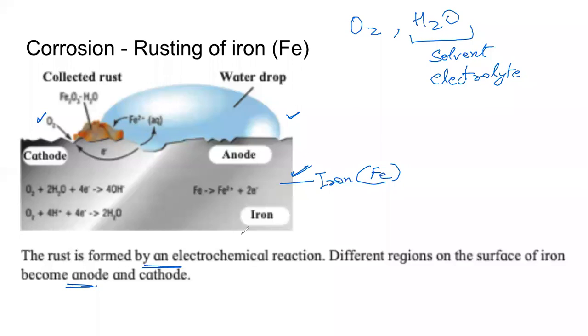Why does this happen? Because iron reacts with the air, iron reacts with the water that is there in the air. That is the starting point. So because of the exposure of the metal to oxygen and water vapor that is there in the atmosphere, the whole thing starts acting like an electrochemical cell.